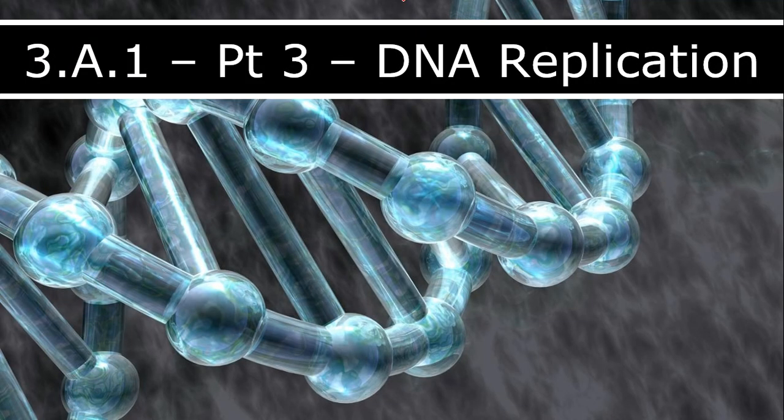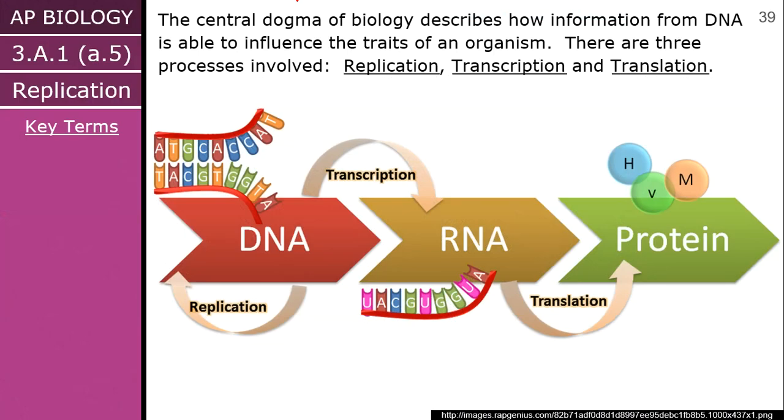So DNA replication is pretty involved. There's lots of different moving parts. There's lots of different molecules that are going to be involved, and it kind of helps to always keep in mind why DNA matters. So DNA matters because it has our information, and that is the information that we can use to eventually make a protein.